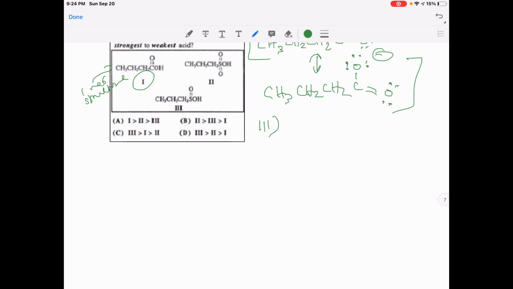And just to make life a little simpler, I'm going to denote this group as a propyl substituent, because there are 3 carbon atoms. And I'm drawing out the conjugate base, so it has lost a proton. So let me add the 2.